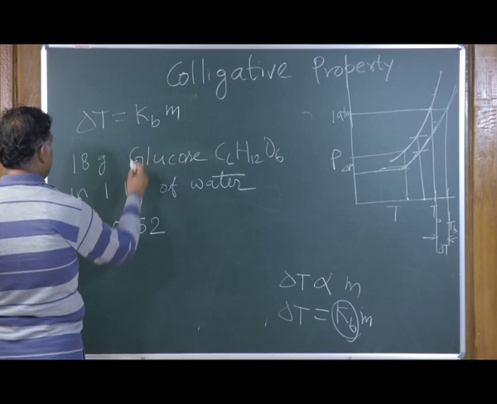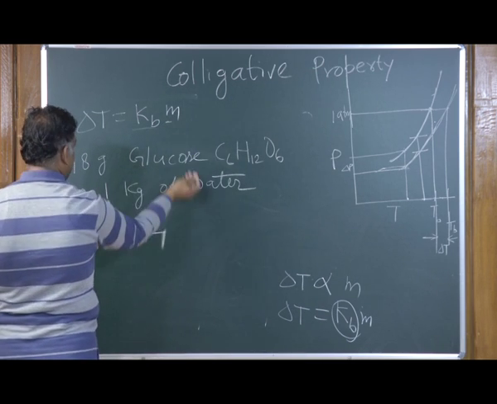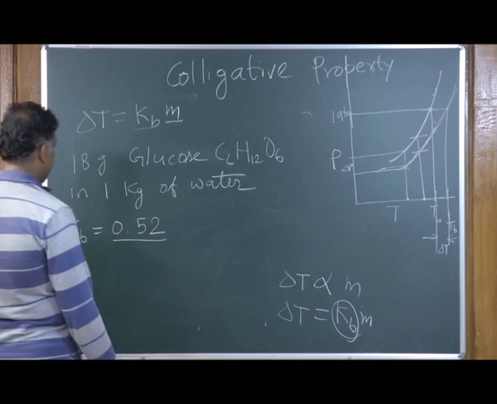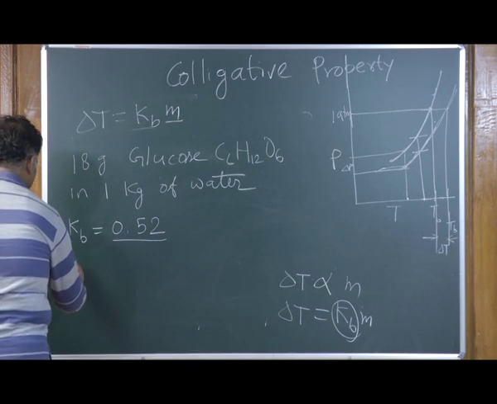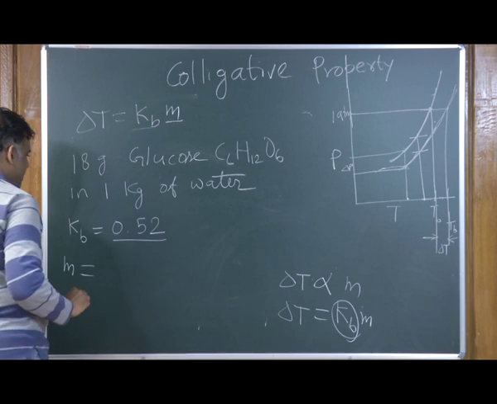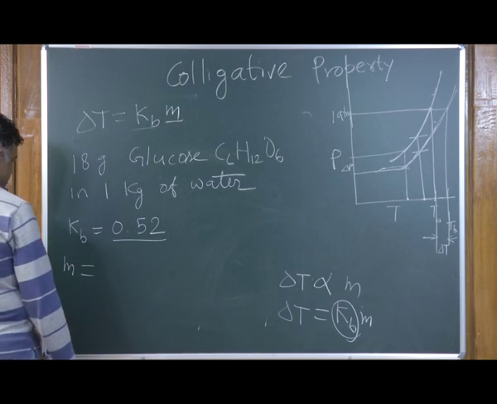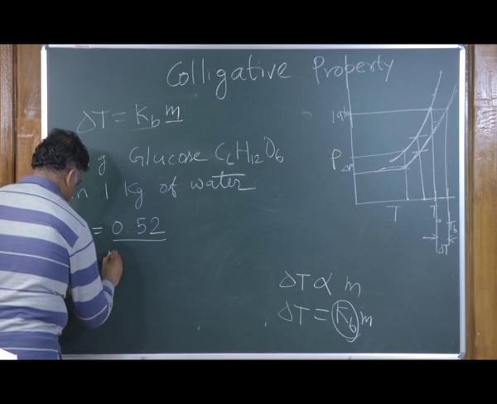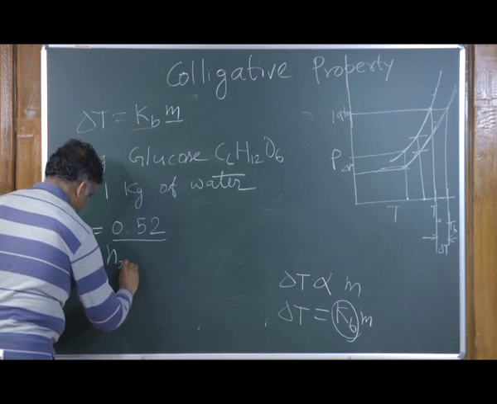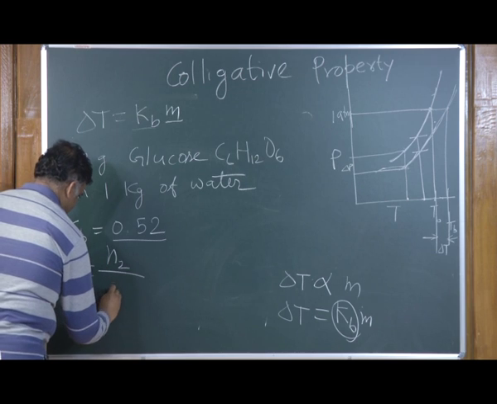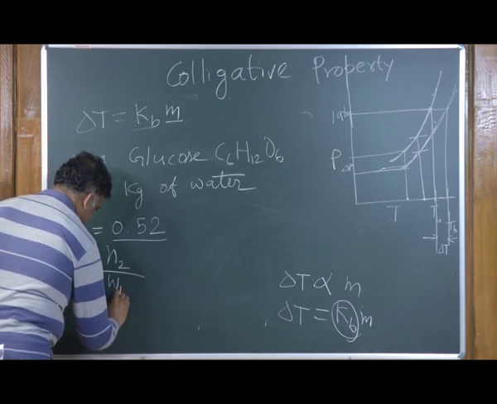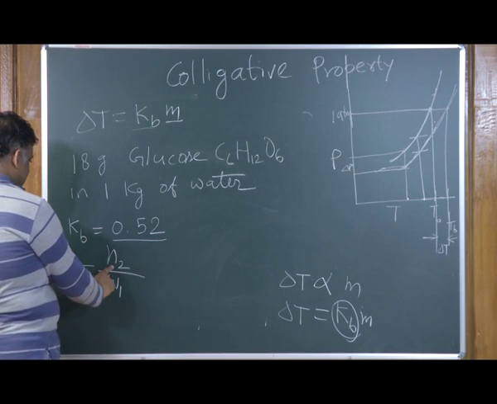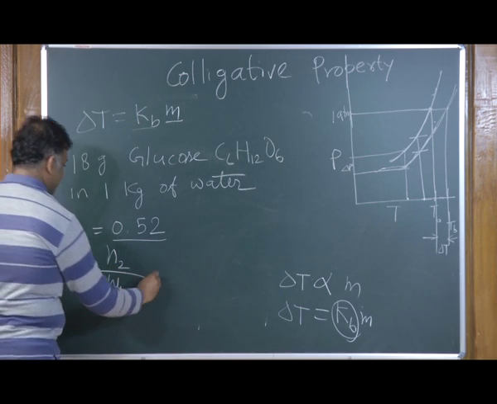To calculate delta T, I need Kb and molality. Kb is given right here, and I need to calculate molality. What is the definition of molality? Molality is defined, which we have already discussed, moles of solute, that is n2, divided by weight of solvent in kg. To calculate this, I need moles of solute.